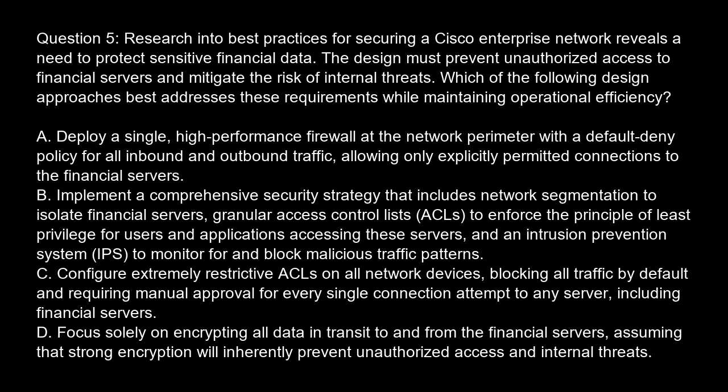Option C. Configure extremely restrictive ACLs on all network devices, blocking all traffic by default, and requiring manual approval for every single connection attempt to any server, including financial servers. Option D. Focus solely on encrypting all data in transit to and from the financial servers, assuming that strong encryption will inherently prevent unauthorized access and internal threats.